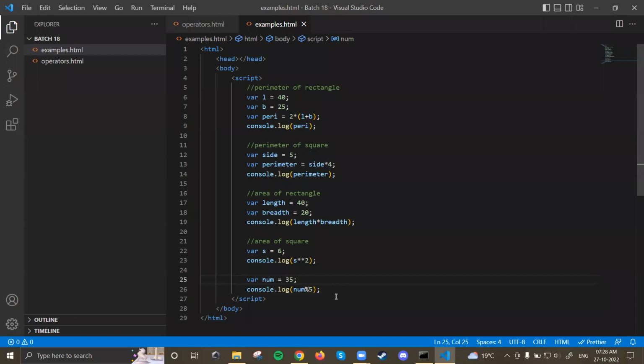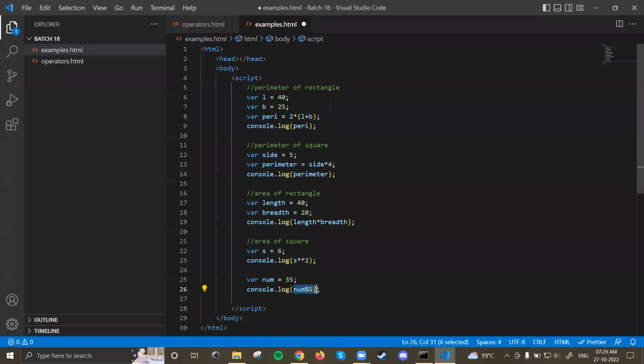Now we have to do the next part, that is we have to print true or false according to this condition. If the remainder is 0, please print true. If the remainder is not 0, if it has some remainder, then print false.